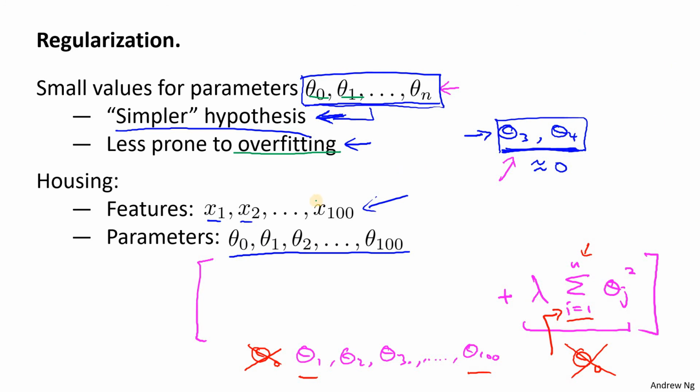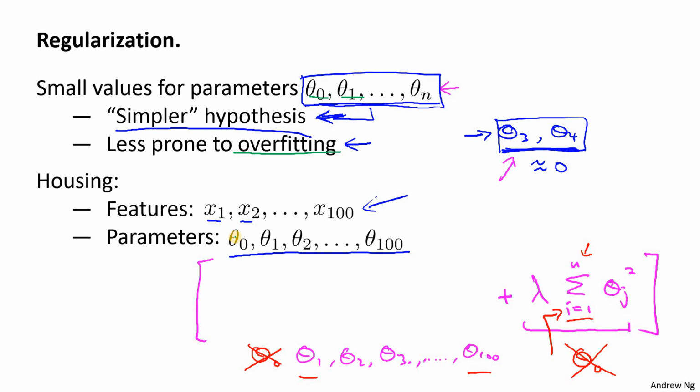So you have 100 features, for example, and they will have their own parameters. There will be 101 parameters, not 100. Why? Because the features start at x1, x2 until x100, whereas your parameters will be theta 0, theta 1 until theta 100.